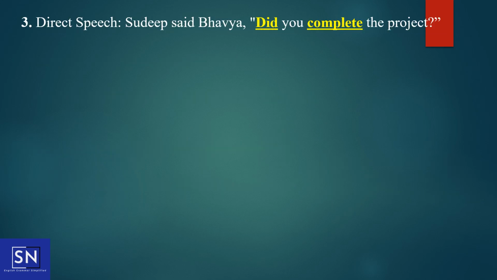Let's see one more example. Indirect speech. Sudeep said, Bhavya, did you complete the project? Again, what kind of sentence is it? Analyze the type of sentence. Did you complete the project?